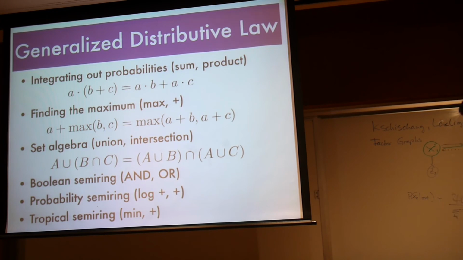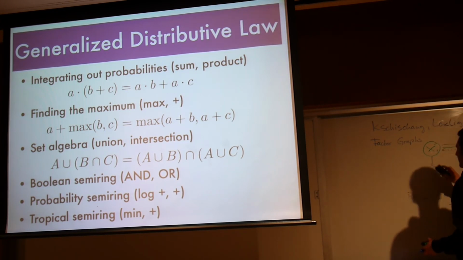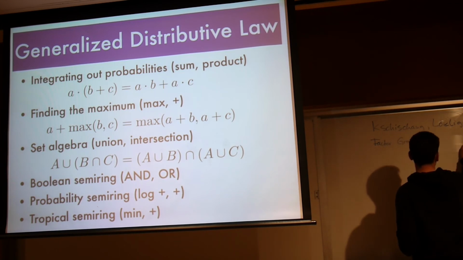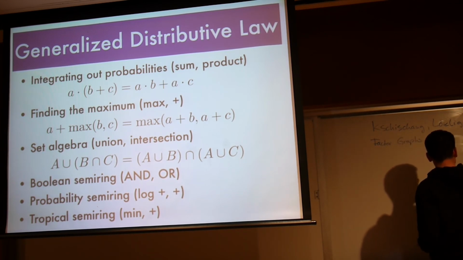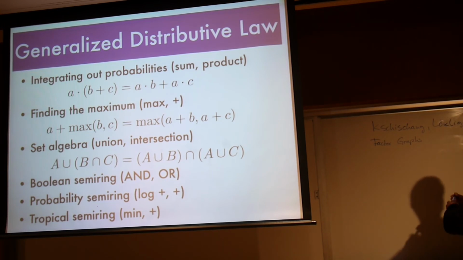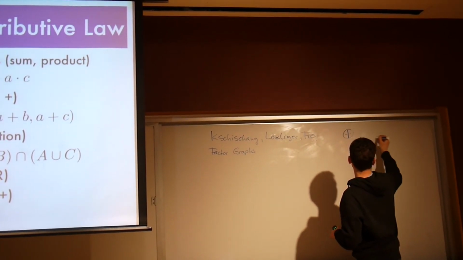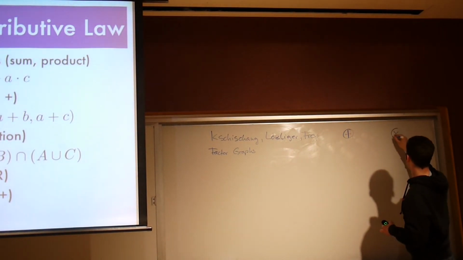So the first example of a semiring is the plus and times semiring. Okay, that's easy, right? That's just what we started with. Here's another one. And this is the one how you would actually want to implement a lot of this stuff. It's the log plus and plus semiring. Make a table. Here we have plus, and here we have times.